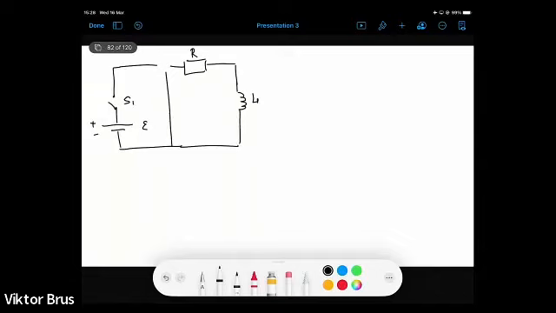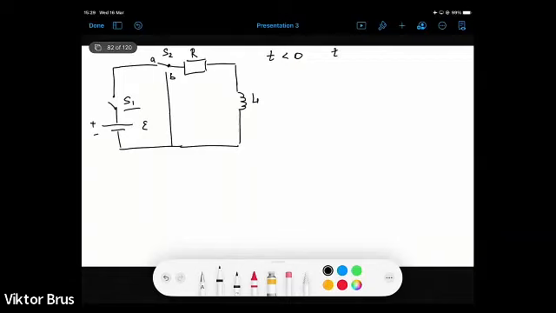So this will be switch S1, and here will be switch S2, which has two positions, A and B. So let us assume first that switch S2 is in position A, so we have a larger electrical circuit which includes the battery with electromotive force epsilon, and at some time less than 0, this switch S1 is open, so we don't have any current flowing in the electric circuit.